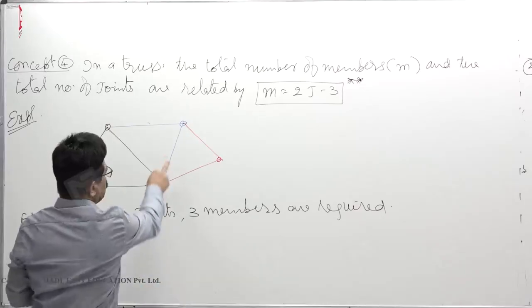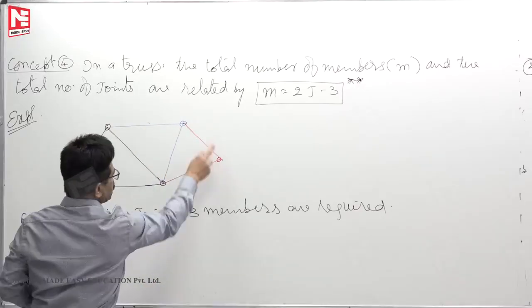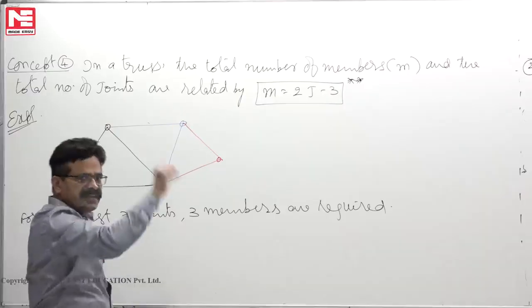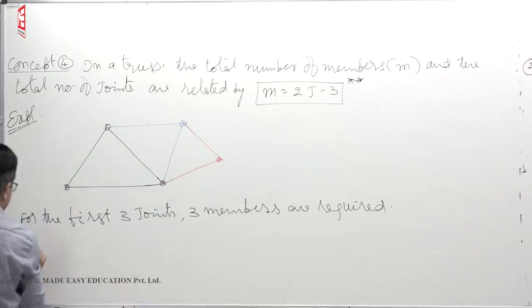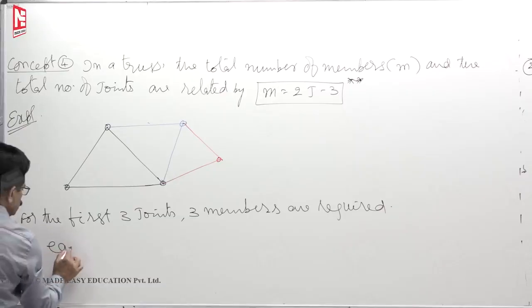So, what does that mean now? For this joint two members, for this joint two members. That means for each additional joint we require two members.